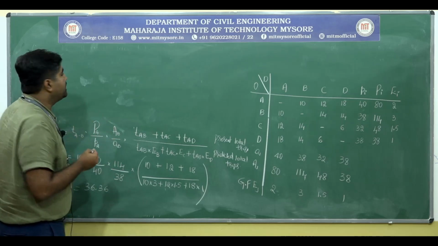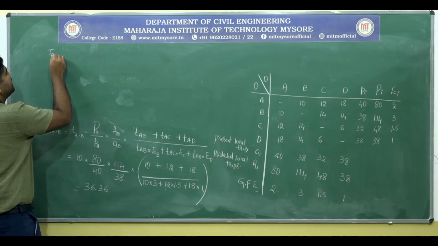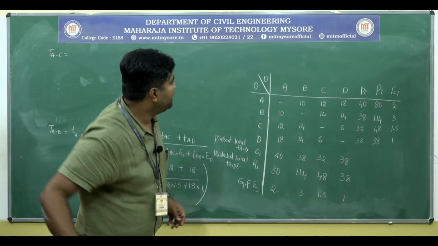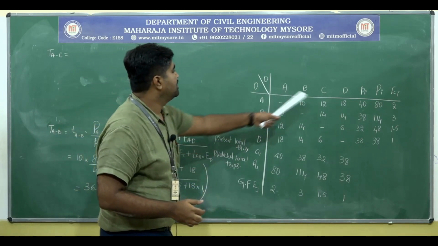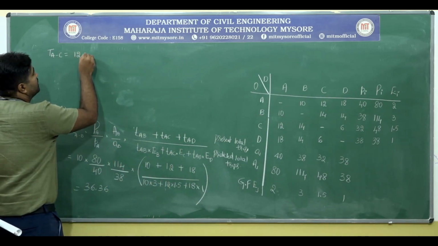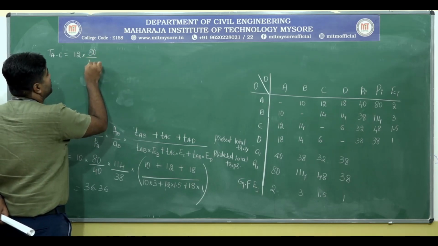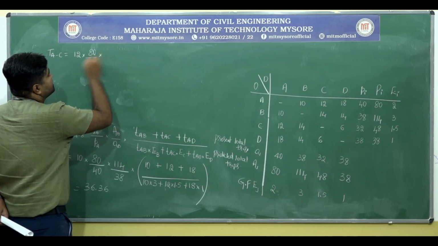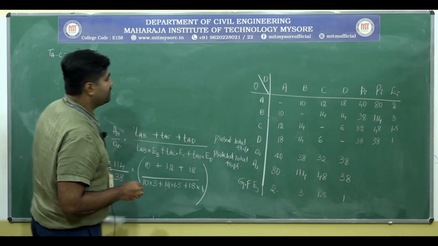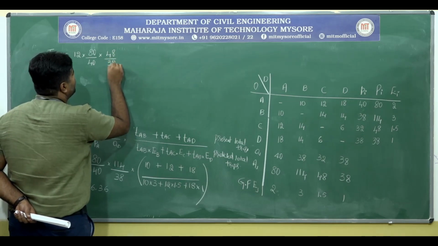Next, trips between T A to C. The trips between A to C, you can observe here, that is 12 number of trips. The total number of present trips, capital P A, it is 80, the present total number of trips, that is 40, and it is attracting towards C. We have to consider this. 48 divided by 32.